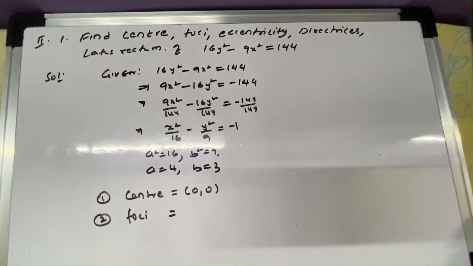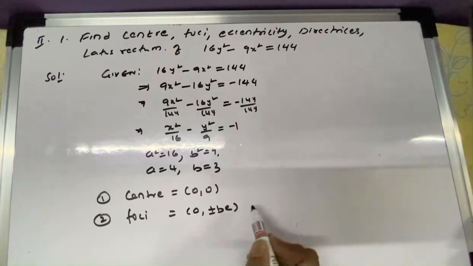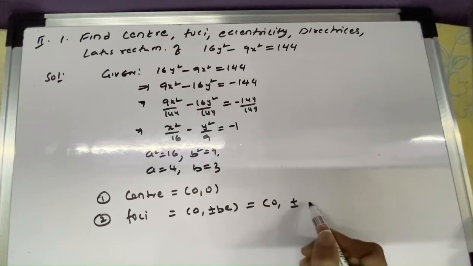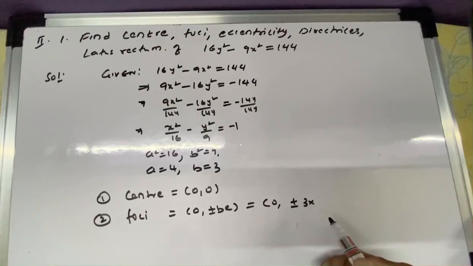For the foci formula, you can check the formula list which I have given to you in the previous video. Foci is 0, plus or minus b into e.